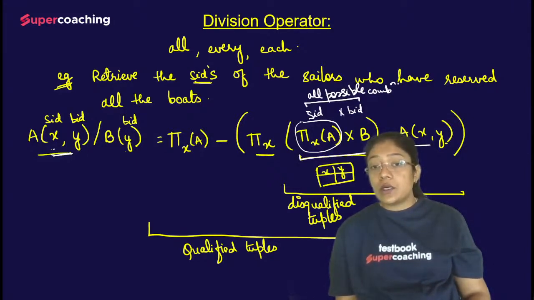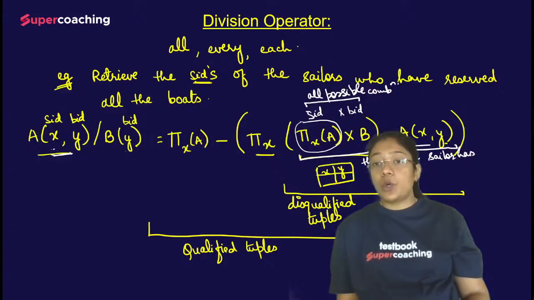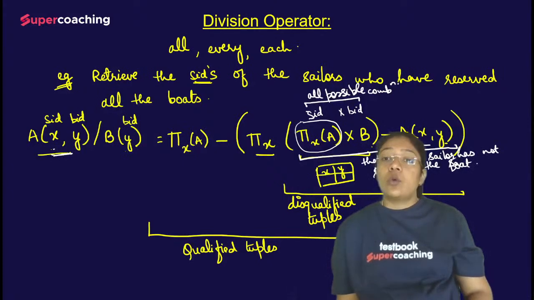So this is returning that which sailor has not reserved the boat. Okay. So I don't want the boat ID. I'm just interested in the sailor ID. So I have projected the sailor ID.